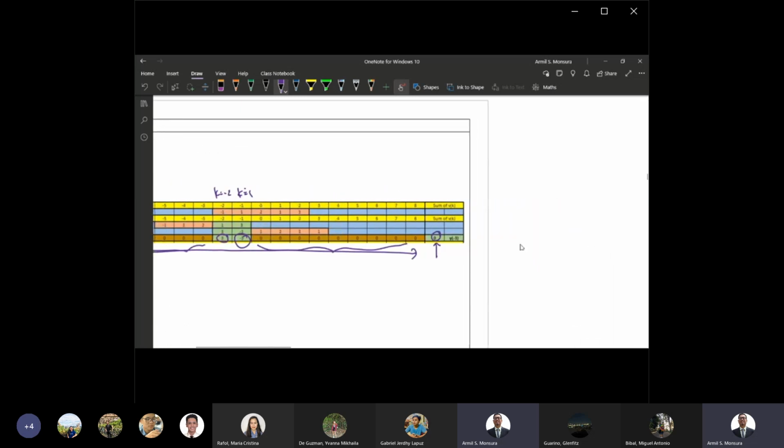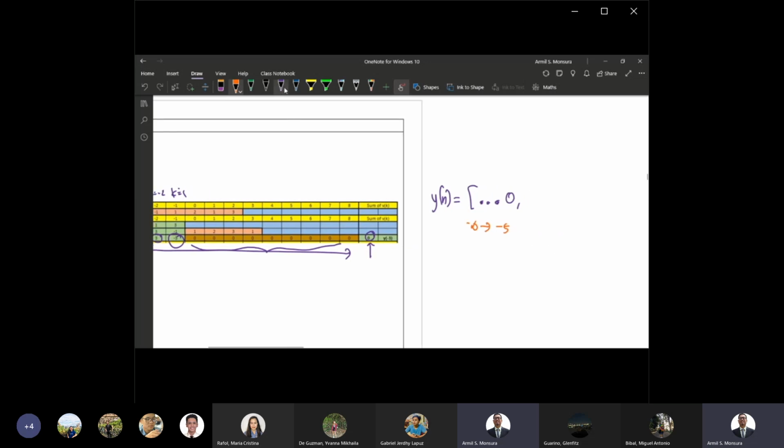So now, so far, ano nakuha natin? Again, 0 siya for negative infinity up to -5. Tapos nakakuha tayo ng value na 9 for n equals -4.